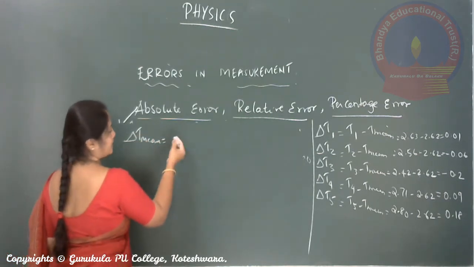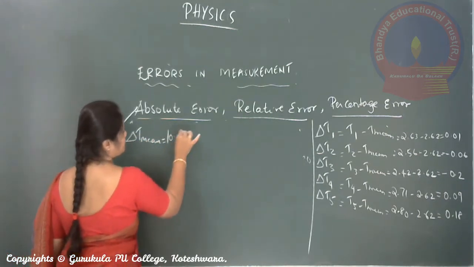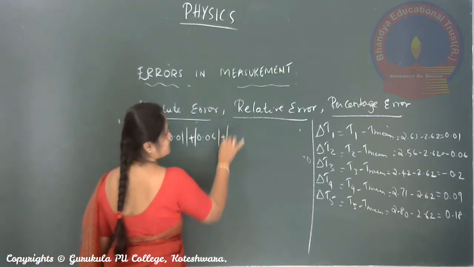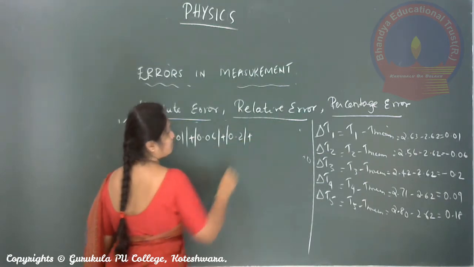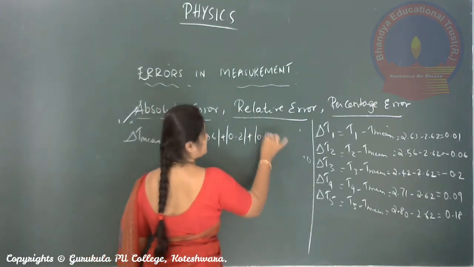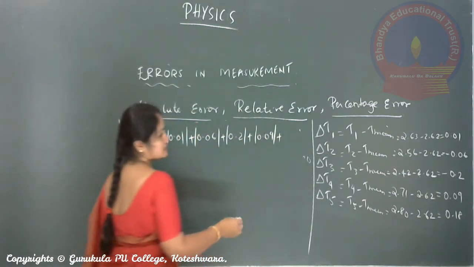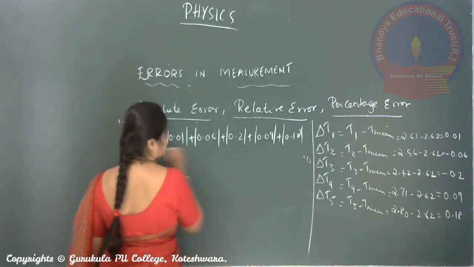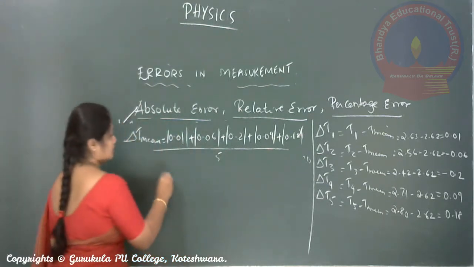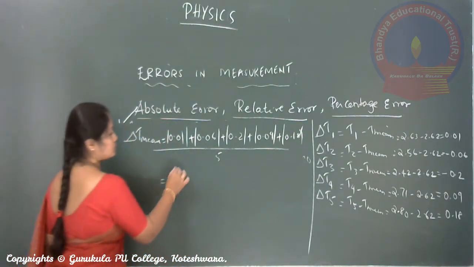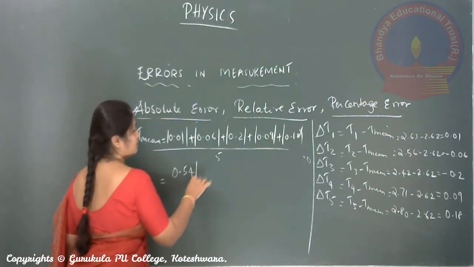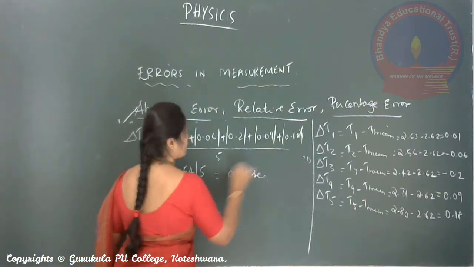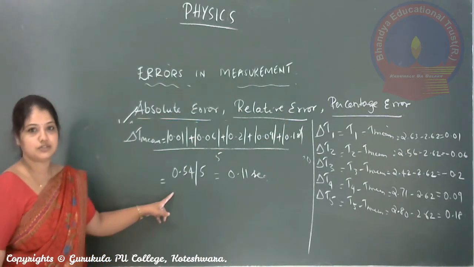I will add that: 0.01 plus 0.06 plus 0.2 plus 0.09 plus 0.18, divided by 5. This I will get as 0.54 divided by 5, which is equal to 0.11 second. Now this is your absolute error.